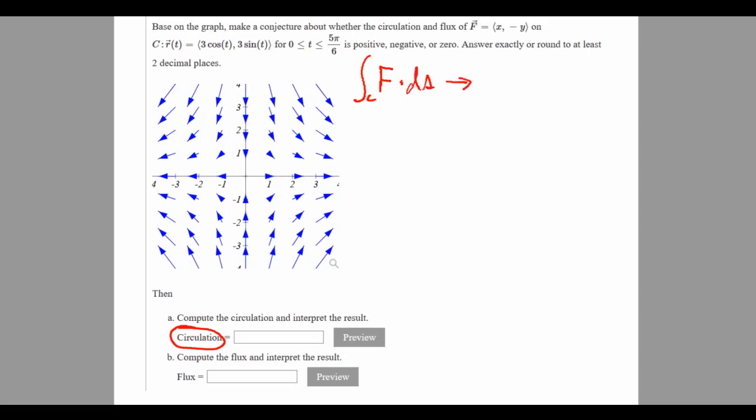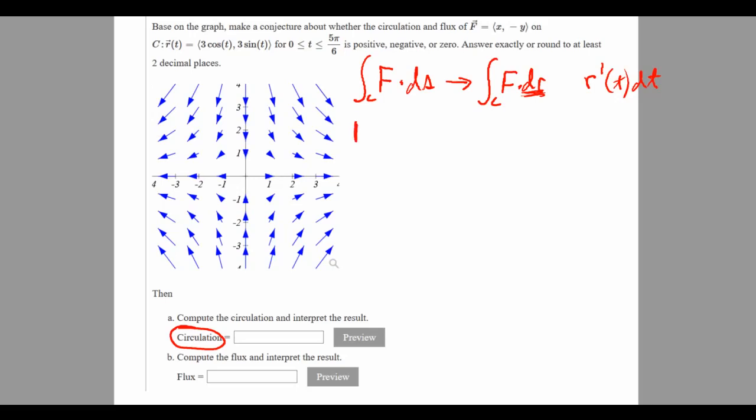However, what we normally do, and this is in the lesson video, for working purposes, we generally write this as the integral over the curve of f dot dr, where dr is r prime t dt. So there's our working formula for circulation.